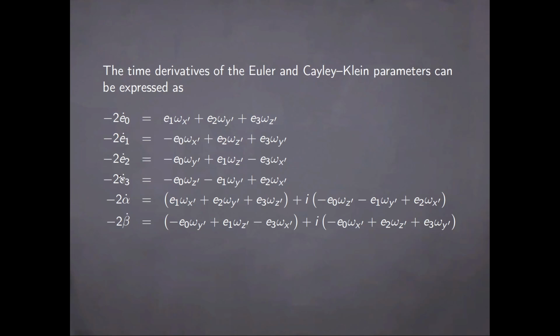Knowing them and knowing the relation between the Euler parameters and the Cayley-Klein parameters, we can write the time derivatives of the latter as something which hopefully is correctly given here. Again, it's a very simple calculation, but quite lengthy and tedious, and needs to be checked carefully.